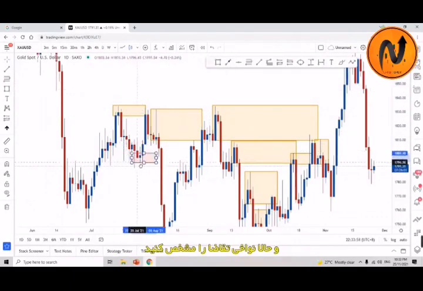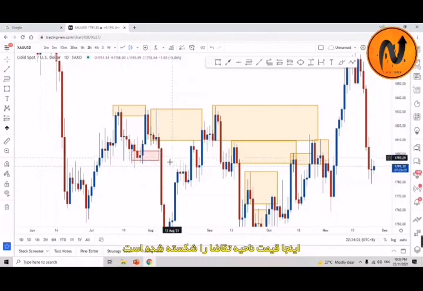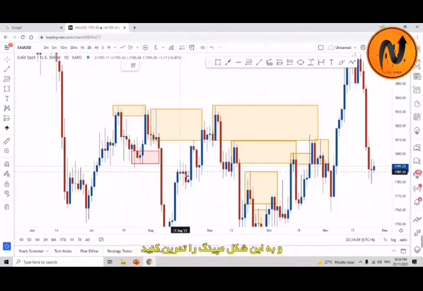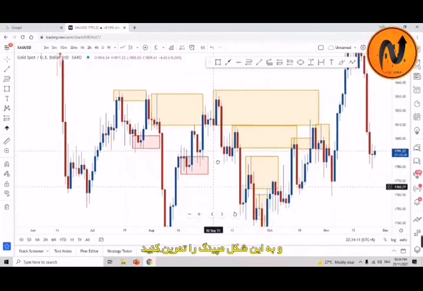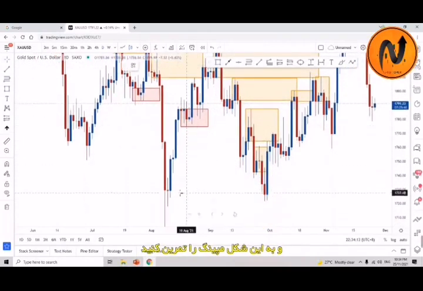Then you define your demand zones. How come the price broke over here? Just define all your demand zones. Just do this practice, which I call mapping.